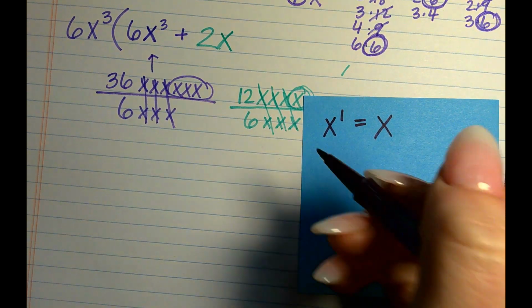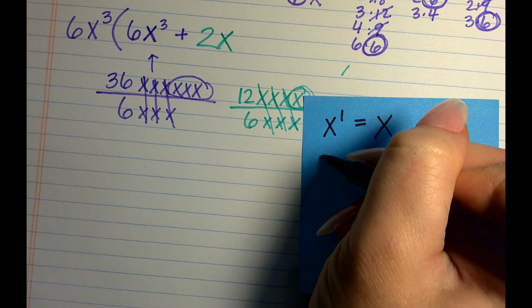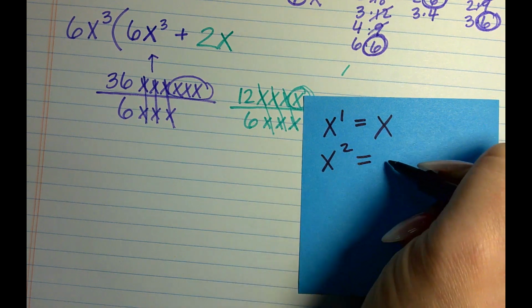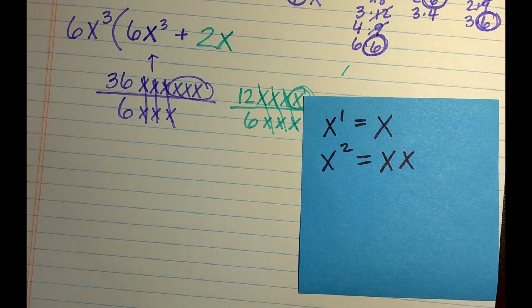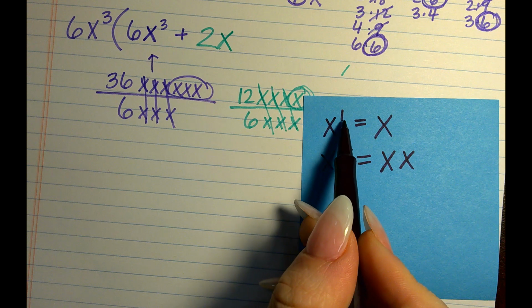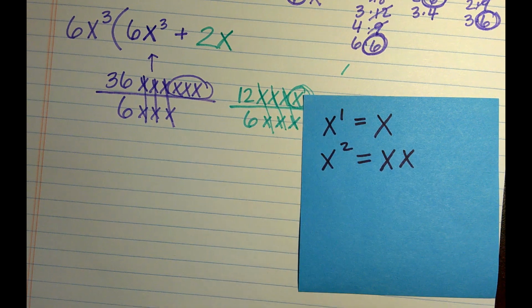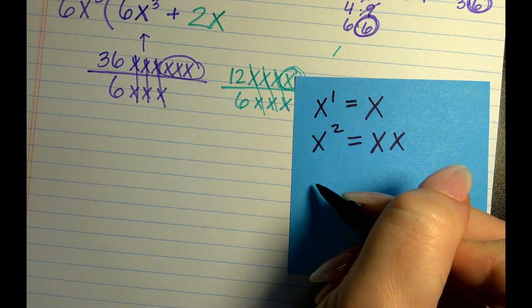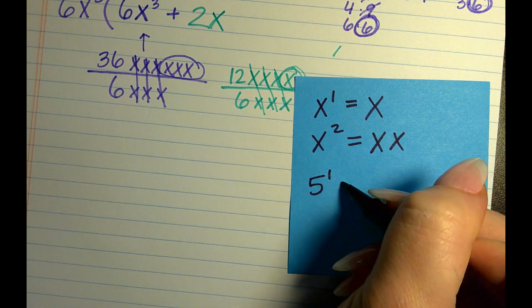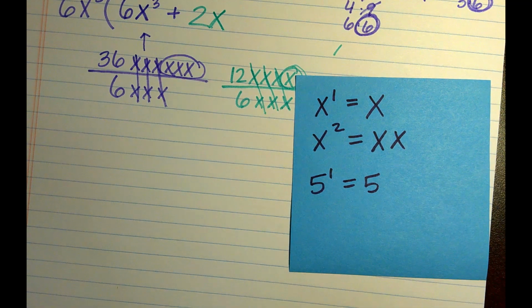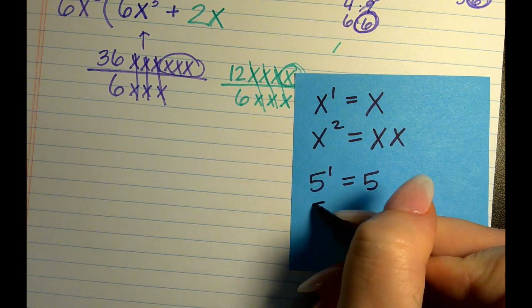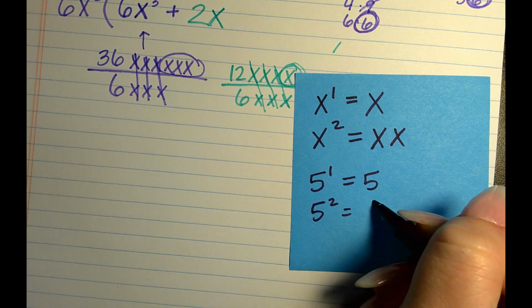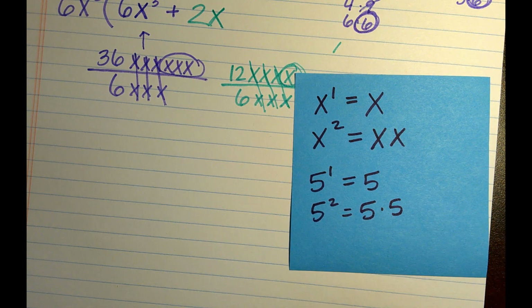Anything to the 1st power is itself, so the 1 is telling us how many times we've got an x. If I had 5 to the 1st power, it's the same thing as 5. 5 to the 2nd power would be 5 times 5.